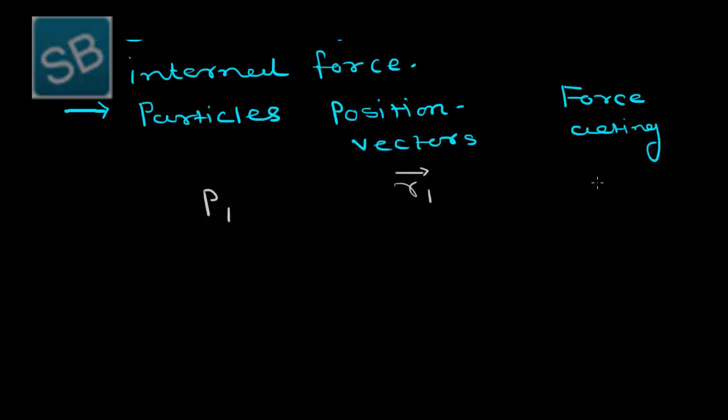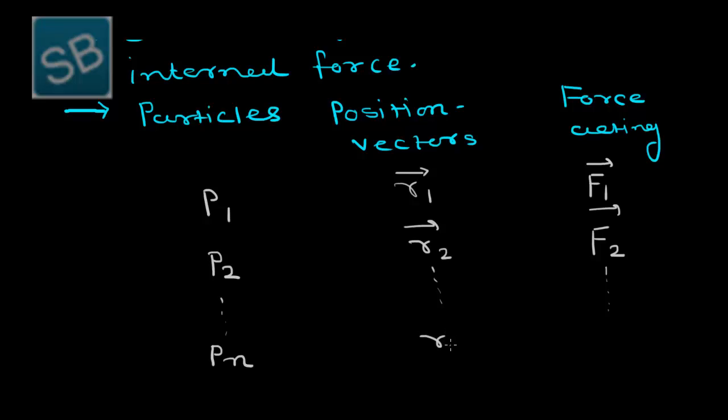And suppose the force acting on particle P1 is F1 vector, for particle P2 the position vector is R2 and the force acting on it is F2. If I further increase my assumption, for the particle Pn, the position vector is Rn and the force acting on this particle is Fn.